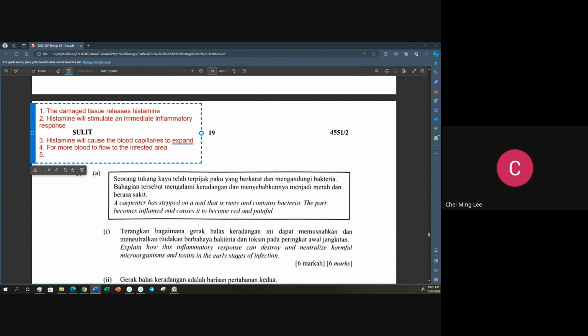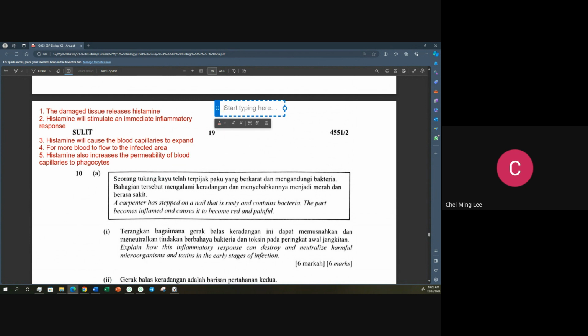Then histamine also helps to increase the permeability of the blood capillary to phagocytes, so it lets the phagocytes enter easily. So the phagocytes will accumulate in the affected area. Oh yeah, this is number 6, sorry.